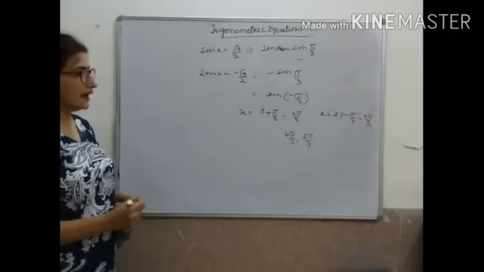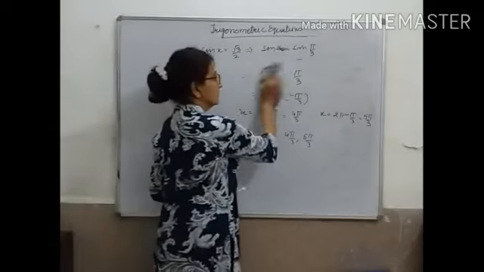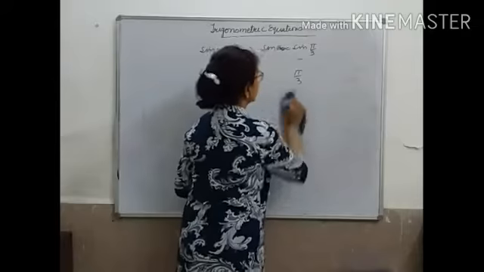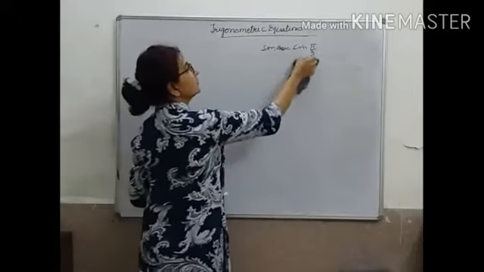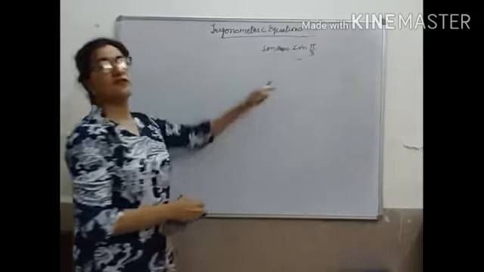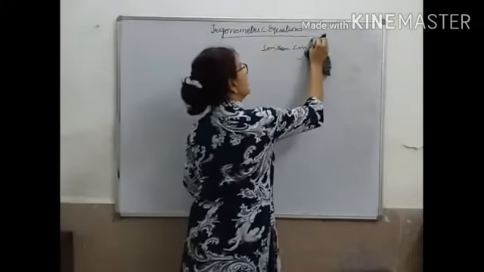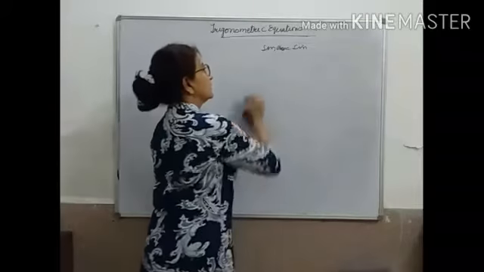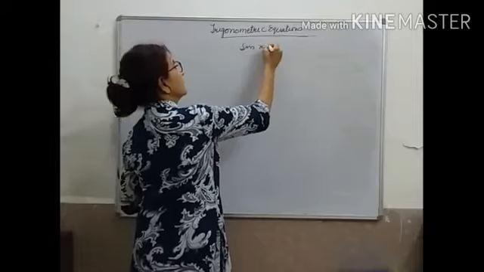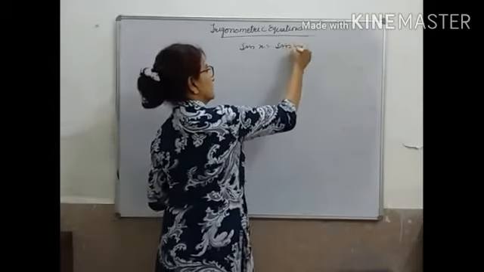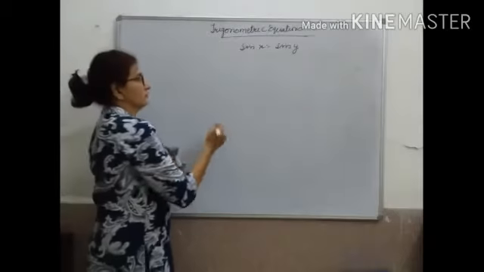But if I have to reach the general solution for the same, what we do is, here I have taken sin x is equal to sin pi by 3, but it is for one particular angle, 60 degrees. If I have to generalize it, instead of pi by 3, I can take y. It can be any angle, 60 degrees, 30 degrees, 40 degrees, 45 degrees or so on.